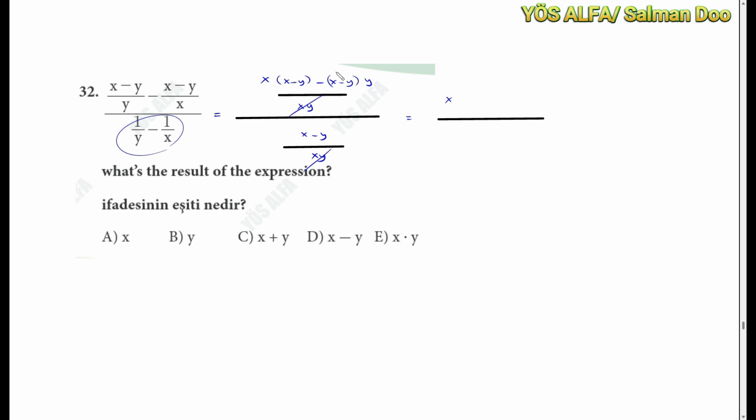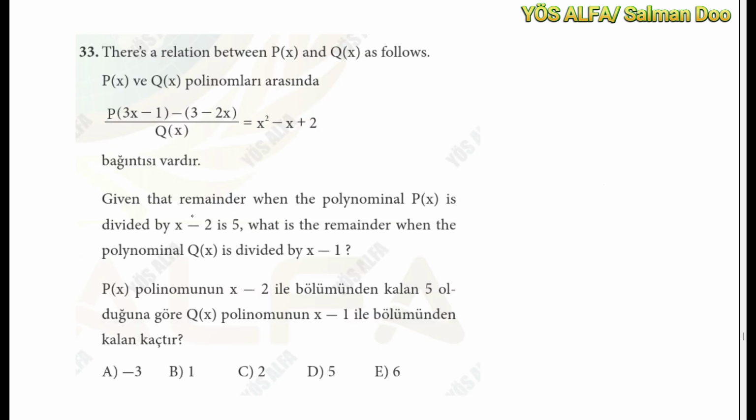And since x minus y is common in both expressions, I can take this out of the parentheses and we have x minus y times x minus y. So we also have another x minus y on the denominator. So the answer is going to be x minus y. It's D.